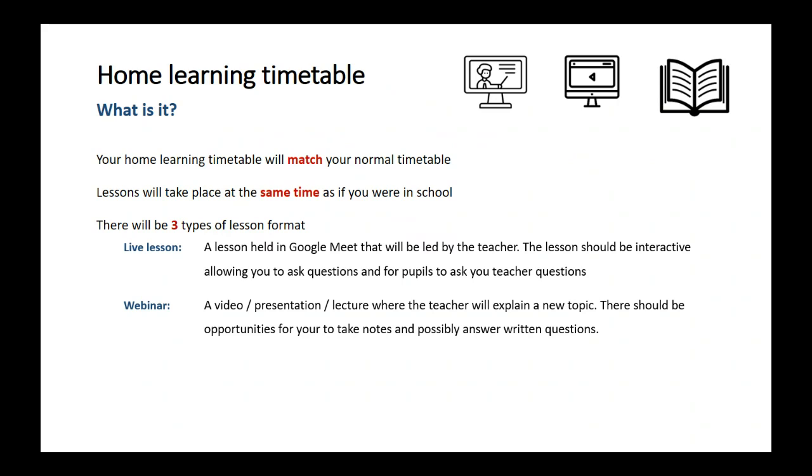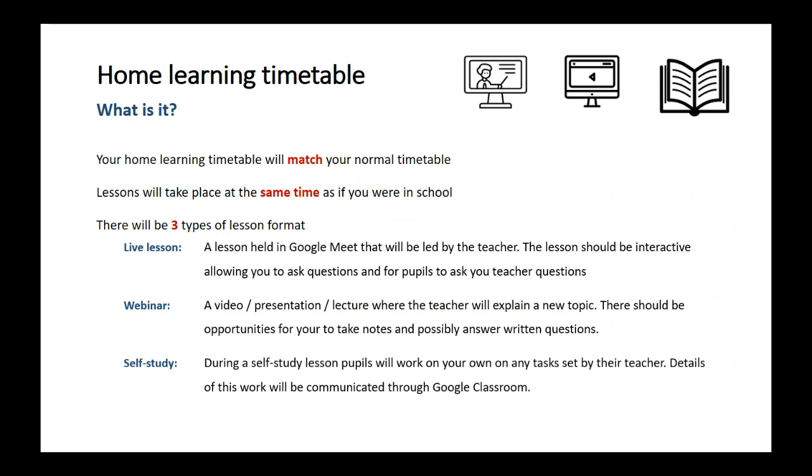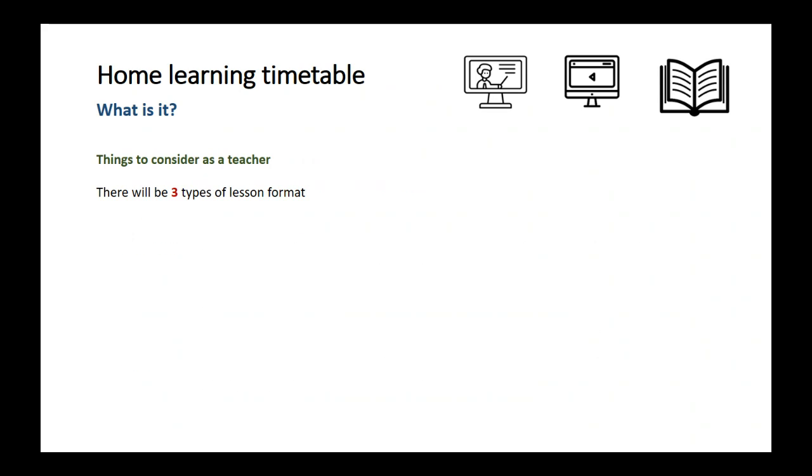And again, within that, you should look for opportunities for the students to take notes and possibly answer some written questions. The third type of lesson is self-study, and during these periods, pupils will work on their own on tasks that they've been set by their teacher. Details of this work can be communicated to the students via Google Classroom.